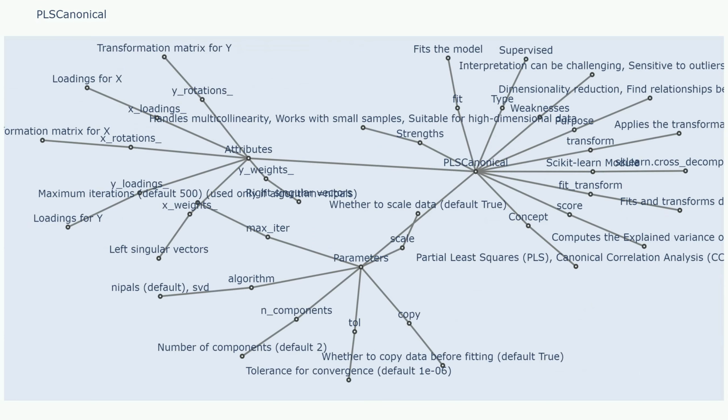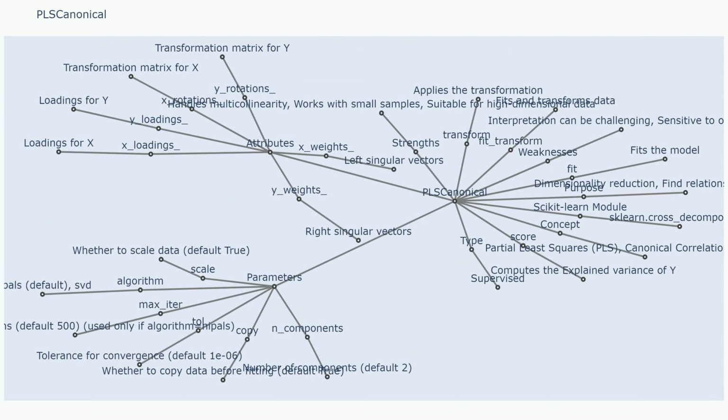These LVs are orthogonal to each other, meaning they capture distinct information. Key idea: the algorithm finds LVs that maximize the covariance between the corresponding projections of X and Y onto these LVs. This ensures that the extracted components are highly correlated with their counterparts in the other dataset.